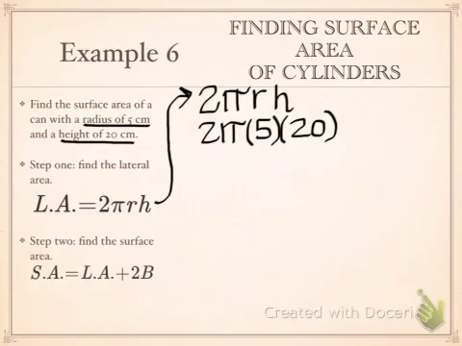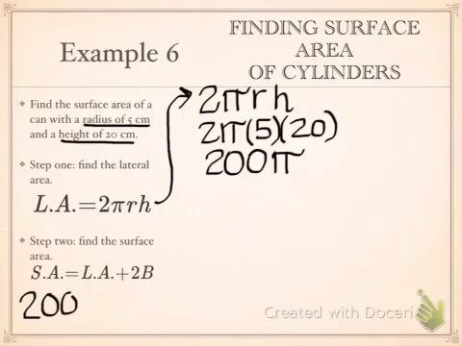Then you're just going to simplify, so 5 times 2 is 10, 10 times 20 is 200. So for our lateral area, it looks like we've got 200 pi. I would leave that as 200 pi for right now, and you could even put it down here, 200 pi.